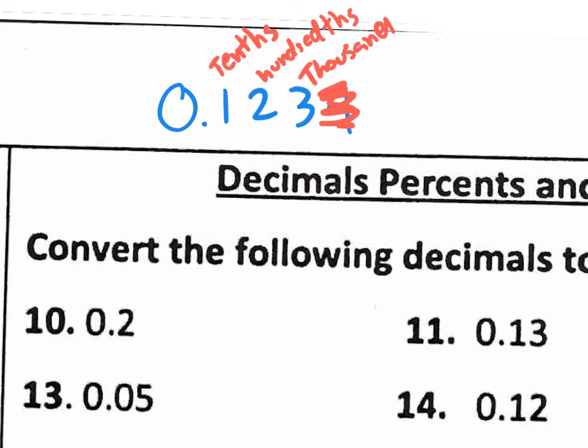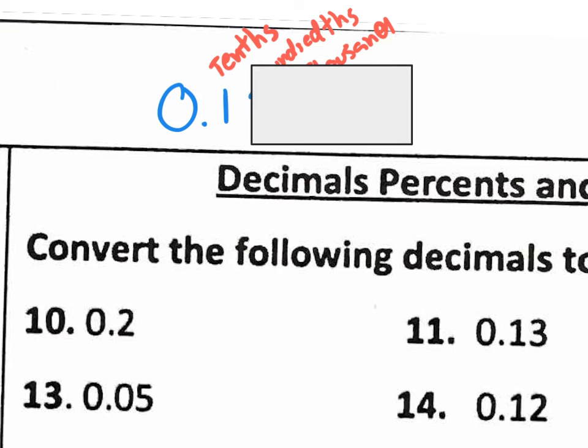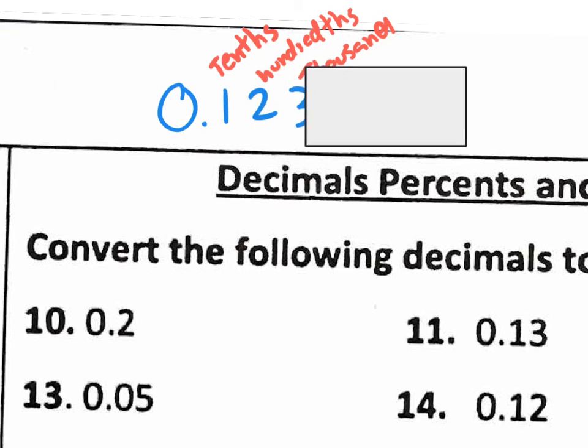Now, the thing is this. If I told you to convert, let's say that right there, convert this to a fraction, how do you read this? You read this as 1/10. So this would be the fraction 1 over 10. If I showed you just 0.12, you would read that as 12 hundredths, so you put 12 over 100.